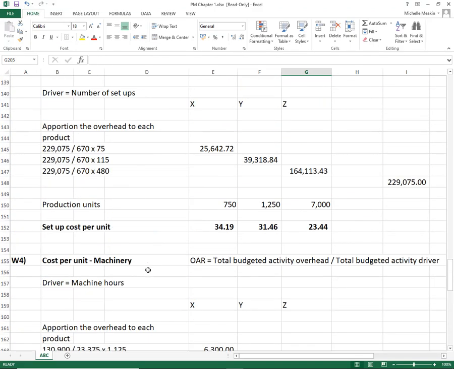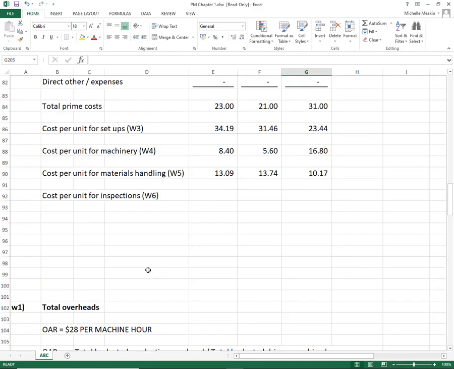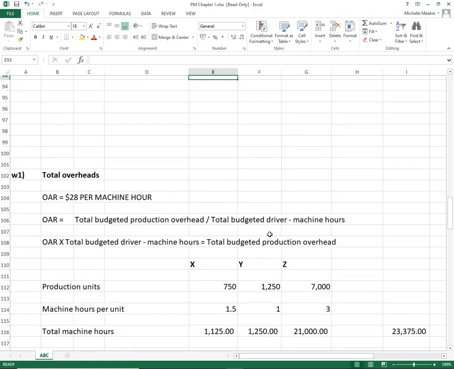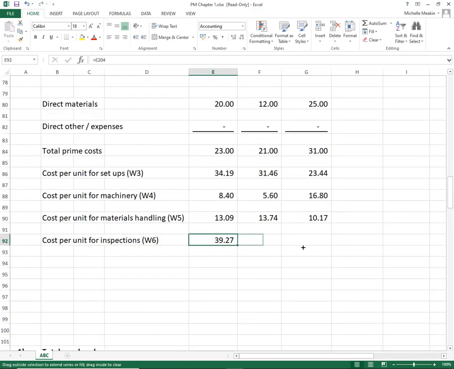I can now go up and finally include within my cost card the cost per unit I have worked out for inspections. 39.27, 28.27, and then finally 18.79.